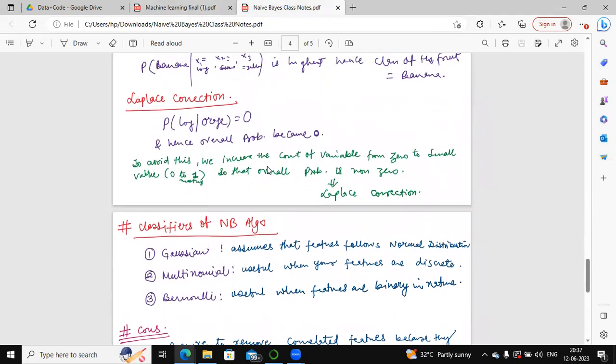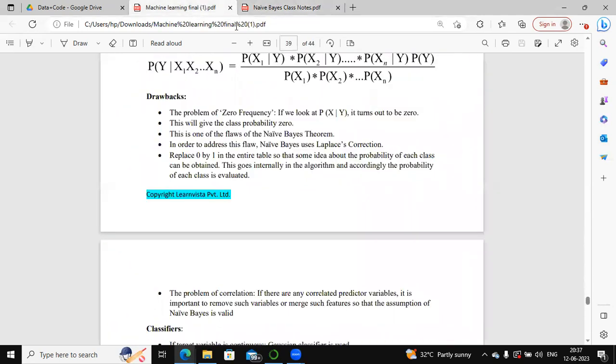This is the Laplace correction we have to make. So replace 0 by 1 in the entire table so that some idea about the probability of each class can be obtained. This goes on internally in the algorithm, and accordingly the probability of each class is evaluated.